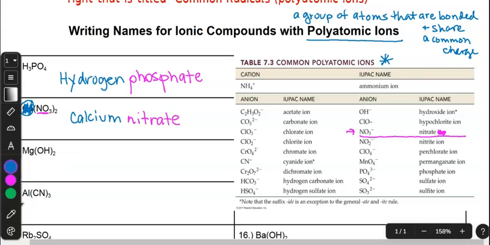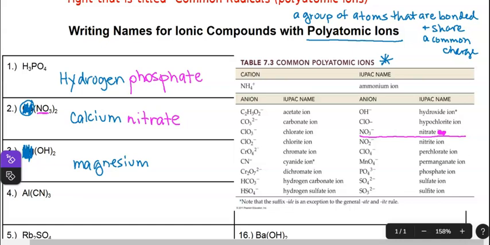Our next one, we have MgOH2. Well, Mg, magnesium, is our cation. I'm going to cross it out and check it out. I still have 2 more capital letters, so I need to look at the back of my chem helper and find the name for OH.